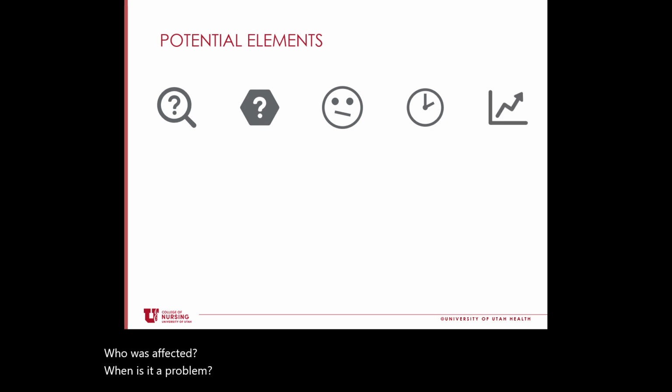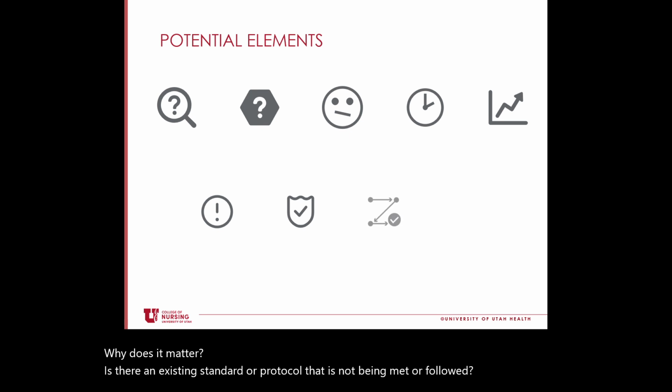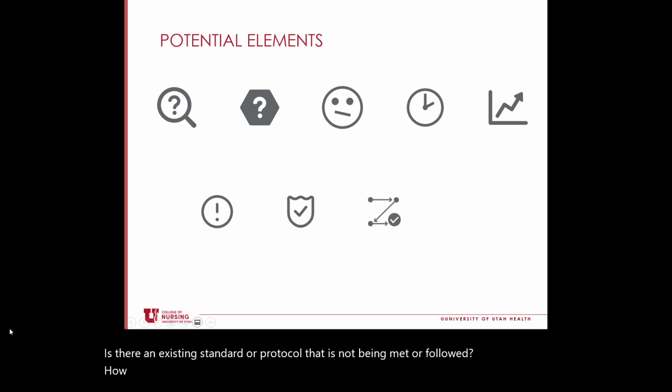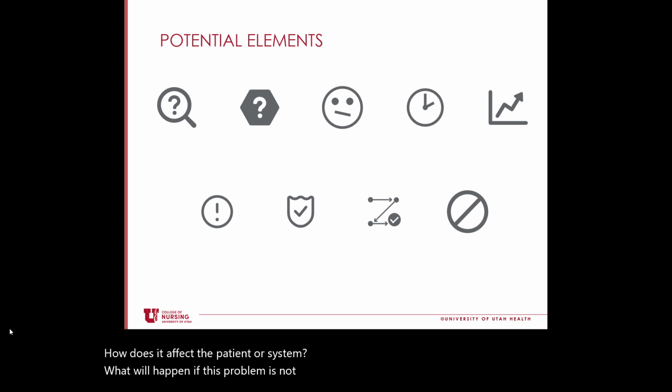Have any trends or patterns been identified? Why does it matter? Is there an existing standard or protocol that is not being met or followed? How does it affect the patient or system? What will happen if this problem is not addressed?